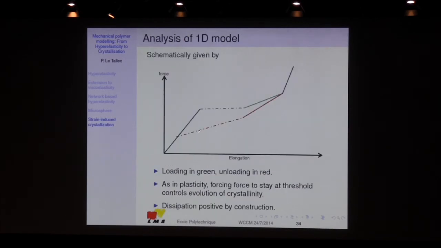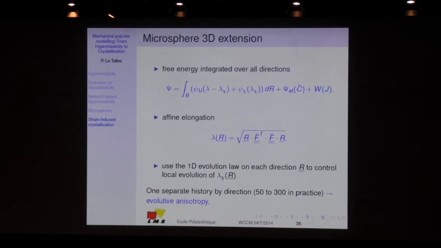Altogether, that gives you a 1D problem like that. And to go to 3D, you make the integral on directions of the free energy. You assume affine elongation for the time being, and you use on each independent direction the evolution equations that you have derived from the free energy and the local dissipation.